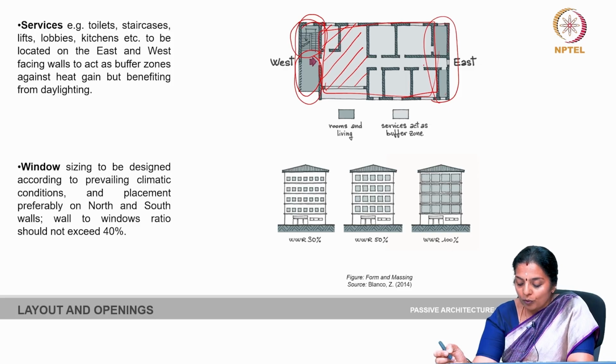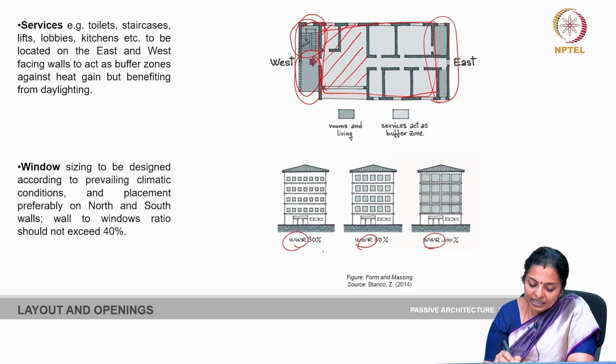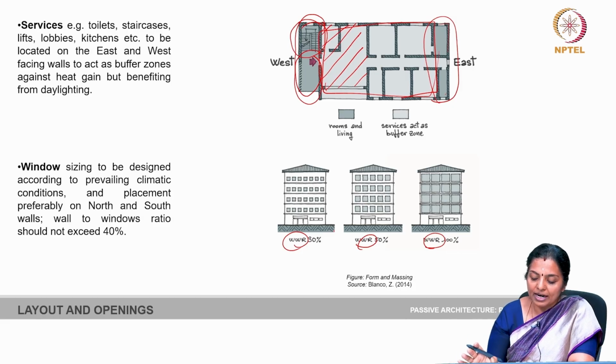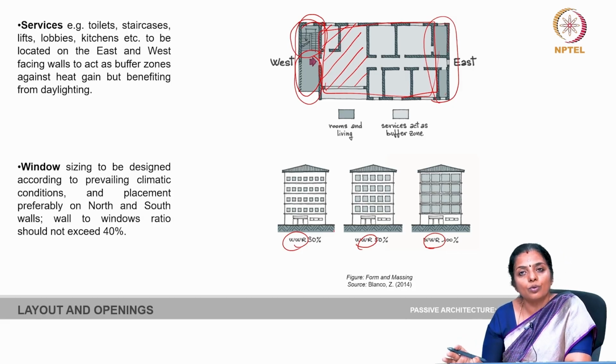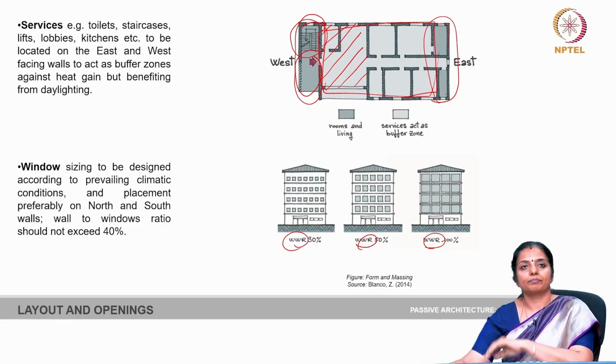The window to wall ratio, it's an indication here. You can see that 30% seems to be nominal. Visually, 30% seems to be a normal percentage as compared to 50% or 100% window to wall ratio area of openings.